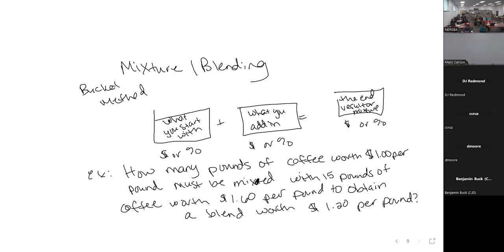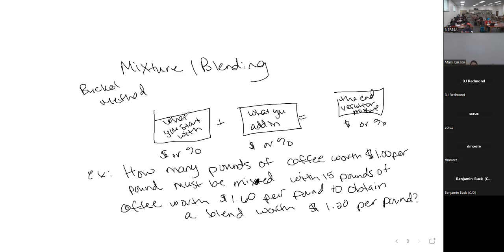All right, how many pounds of coffee worth $1 per pound must be mixed with 15 pounds of coffee worth $1.60 per pound to obtain a blend worth $1.20 per pound? Okay, so this is kind of a blending one. If you use the bucket method, how many pounds of coffee worth $1 per pound?